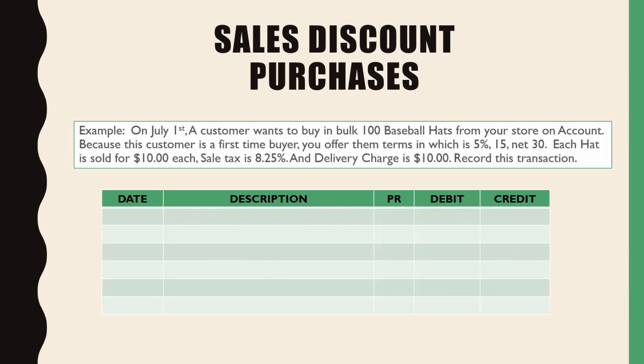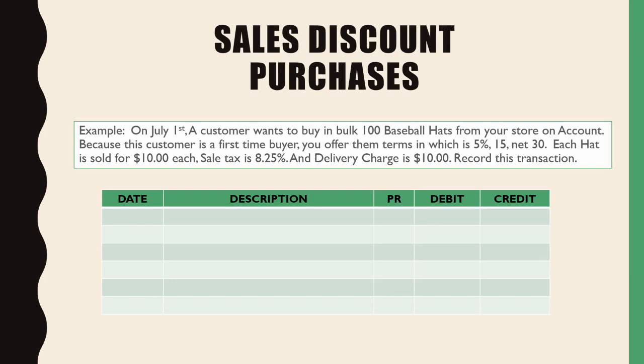Now, what happens when we're dealing with a customer that owes us money? Let's look at this scenario instead. On July 1st, a customer wants to buy in bulk 100 baseball hats from your store on account. Make sure you understand that this is going to be an accounts receivable.